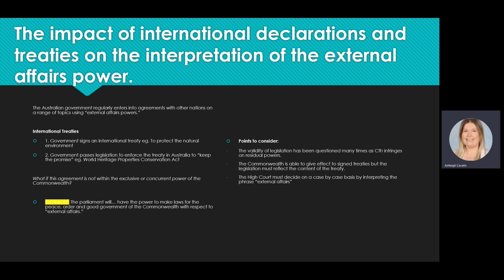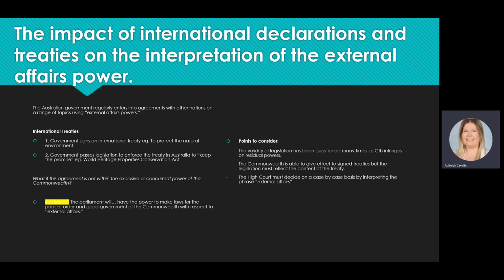The validity of the legislation has been questioned many times, as the Commonwealth then infringes on residual powers. Is this fair? Well, in some ways it's a necessity. The Commonwealth is able to give effect to signed treaties, but the legislation must reflect the content of the treaty. So they can't go making laws outside of the international treaty they've signed.